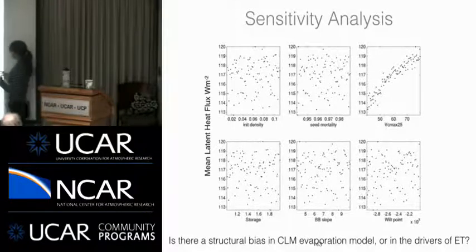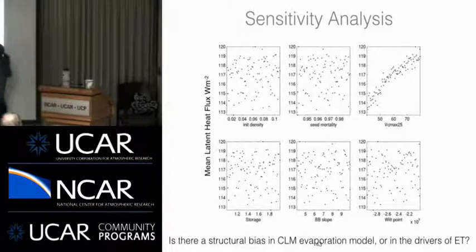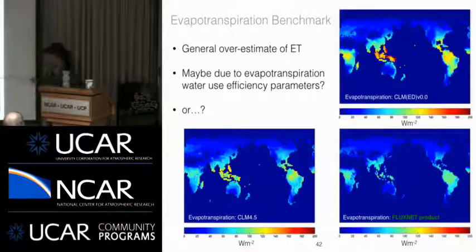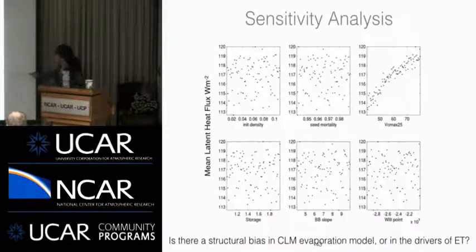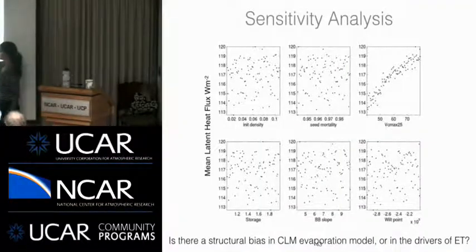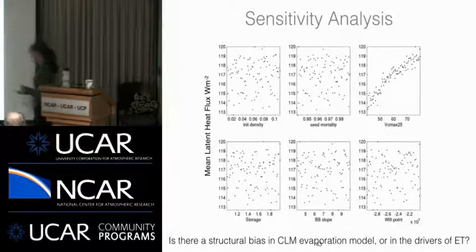What is a bit surprising is that we still don't get down to the right numbers. We're shooting for around 100, and this is the lowest VCmax you would probably want to have, so we're still not getting down to that level. We only have a sensitivity of about 5. This made me think, is there a structural bias in our transpiration model?